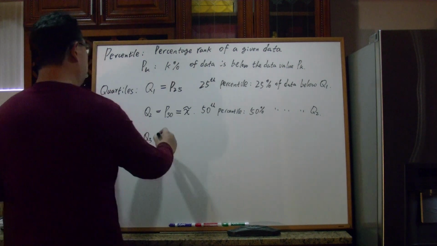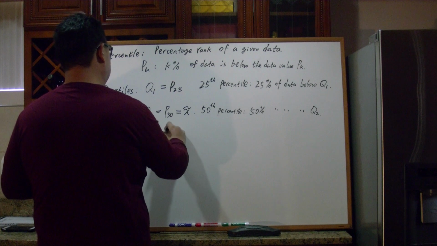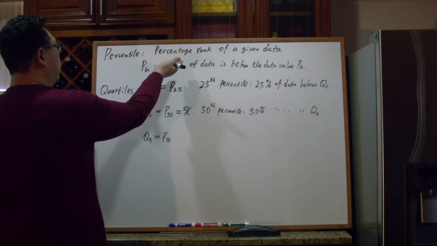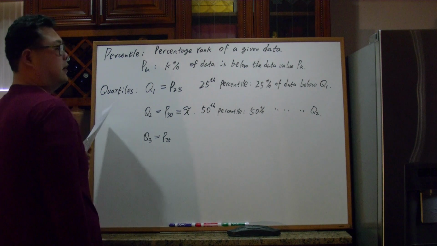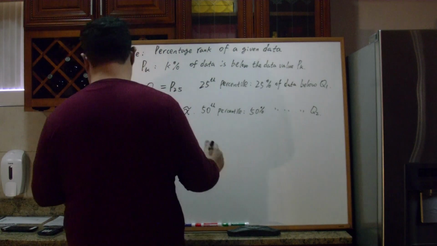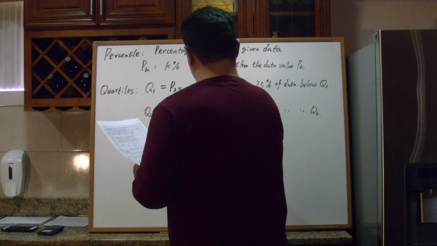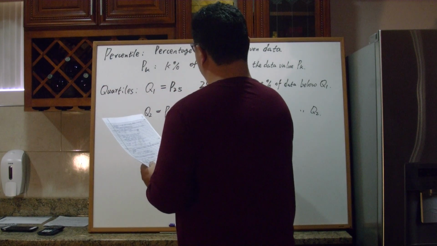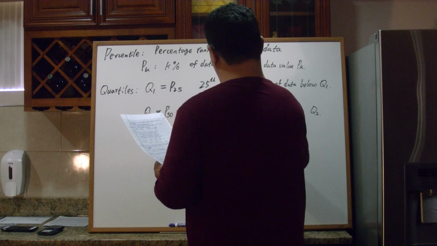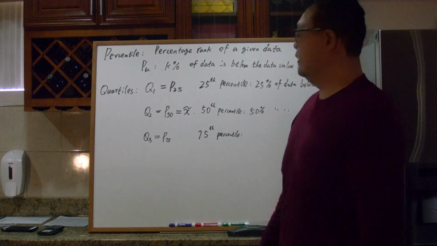Right, then the third quartile is the 75th percentile. Of course, initially we have the minimum, and after Q3 we have the maximum value, to get an entire data set. Q3 is 75%.